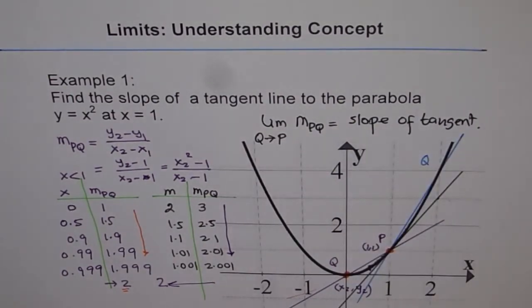Correct. So as you can see, we took an example y equals x square and found out that at x equals 1, the slope of the tangent is actually 2, right?